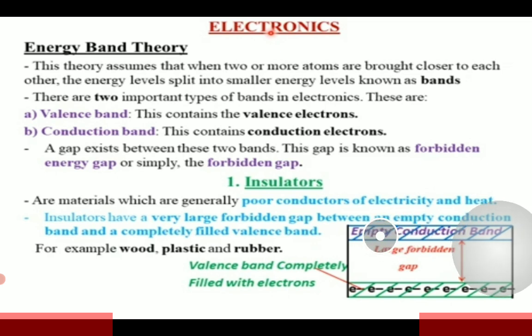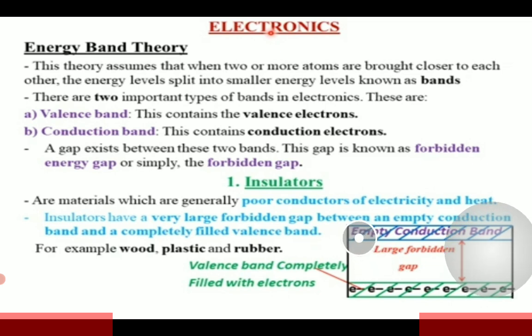In other words, there are no free electrons there. While in the valence band, there are a lot of electrons. Now, like we said, between the empty conduction band and the valence band, there is a gap which is called forbidden gap.